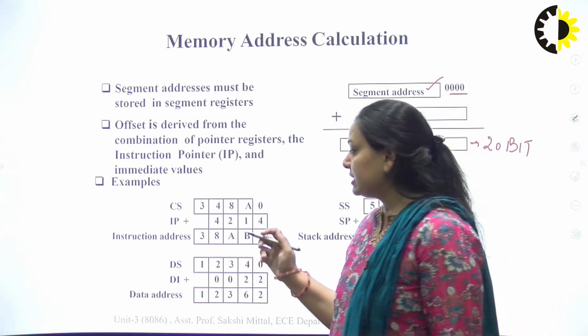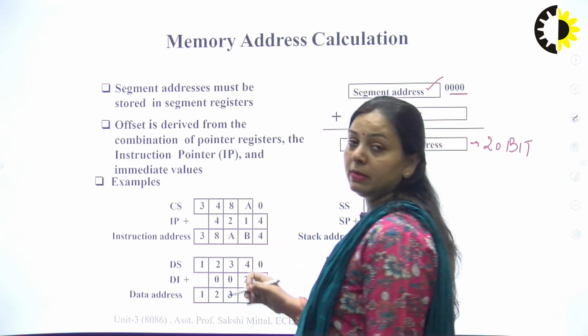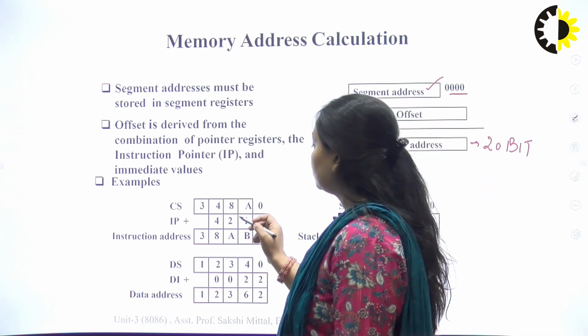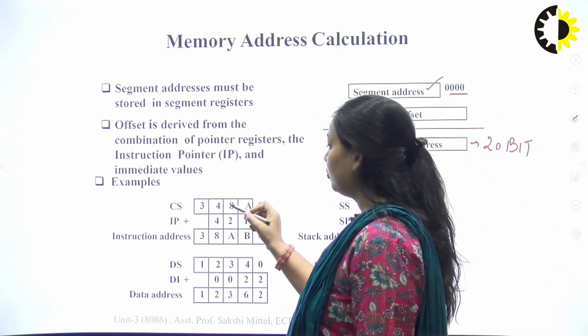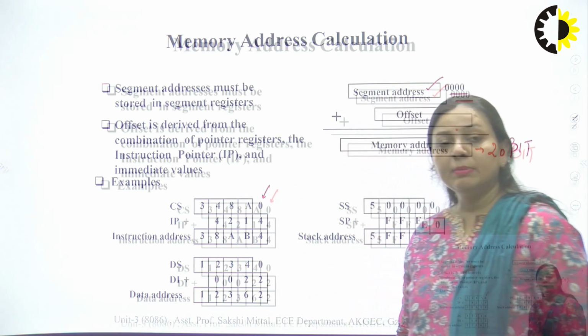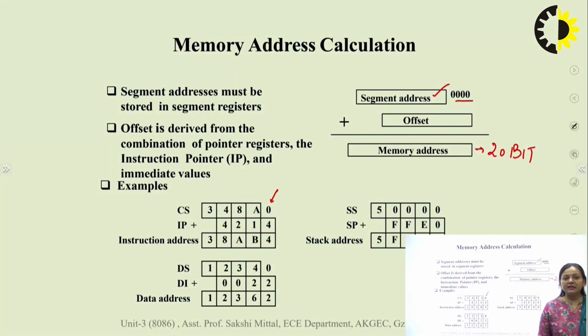The contents of the code segment are shifted by one digit. When they are shifted towards the left, all the digits are shifted, it becomes 348A, and a 0 is padded. That means in terms of bits, 4 zero bits are padded. Then add both the numbers and you get a 20-bit address.